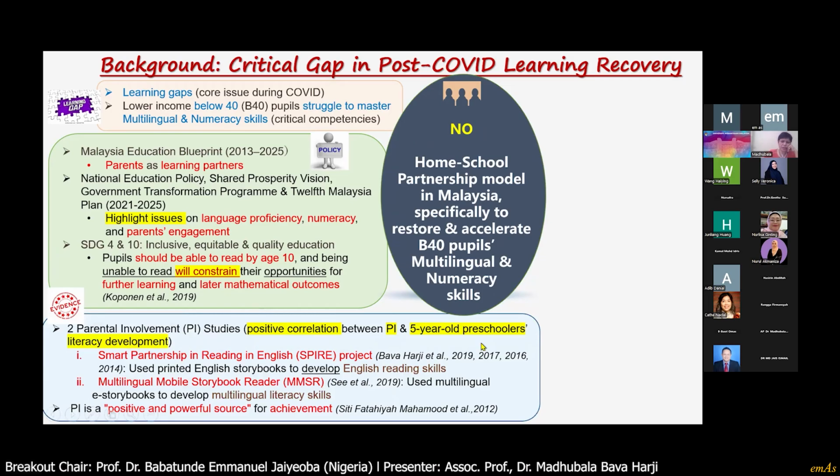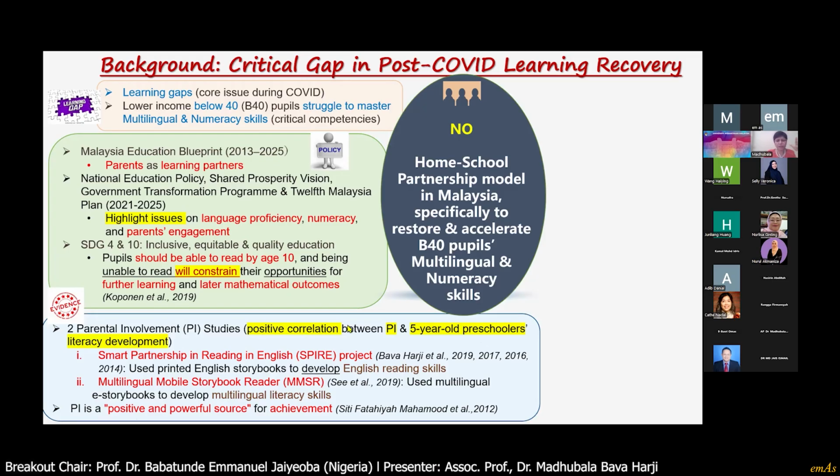Smart Partnership in Reading that looked at developing 5-year-olds' English literacy, and the other is the study that looked at using of multilingual mobile storybook reader to develop multilingual literacies using e-storybooks. And these two studies have presented positive correlations.